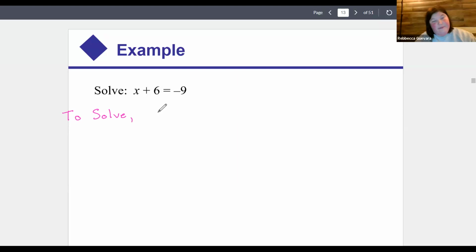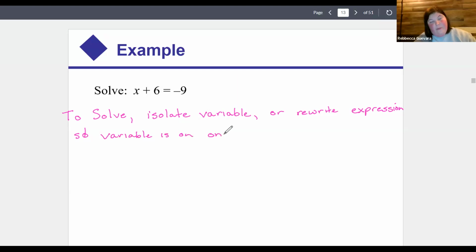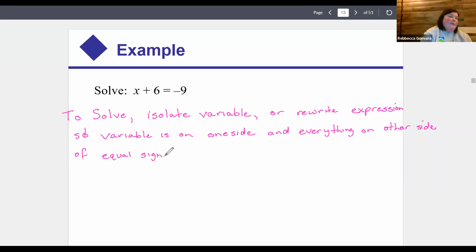So to solve, we want to isolate the variable or rewrite the expression so the variable is on one side, and everything else is on the other side of the equal sign.